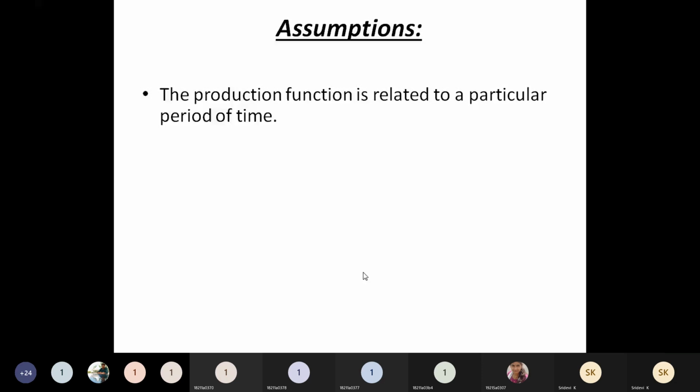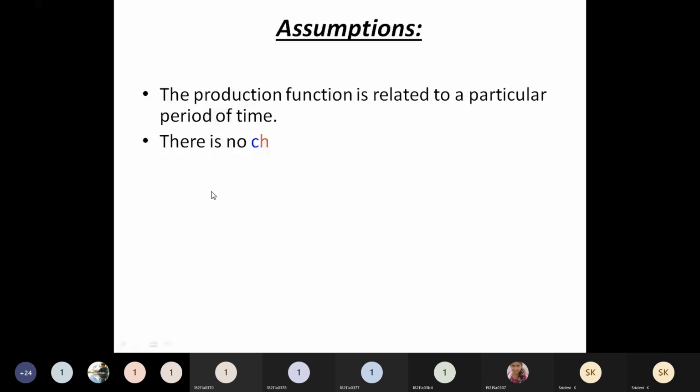You are going to see that it is related with the short period. In the long period, if you apply this law, you will not get the same result. So you take only a short period of time for applying this. That assumption you have to assume.